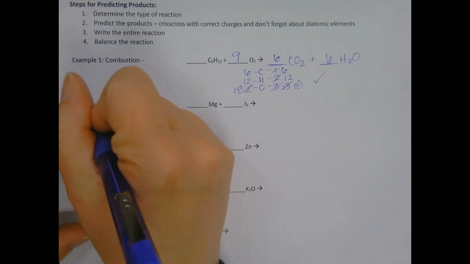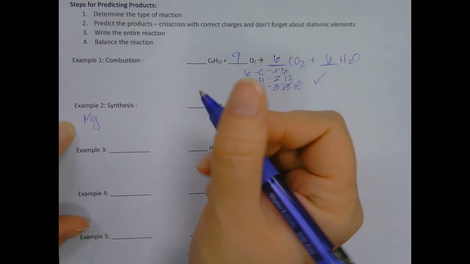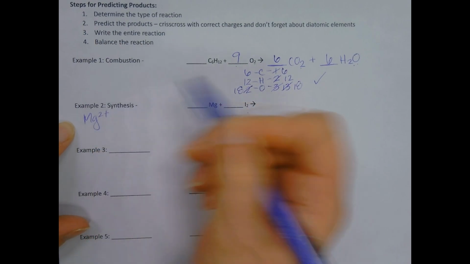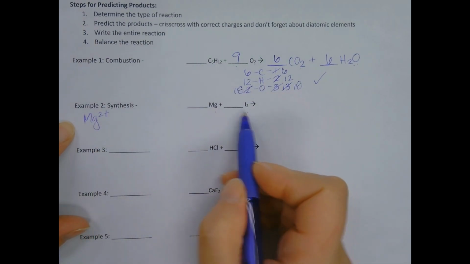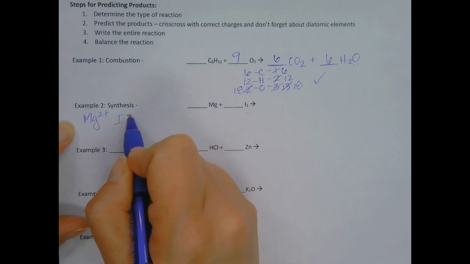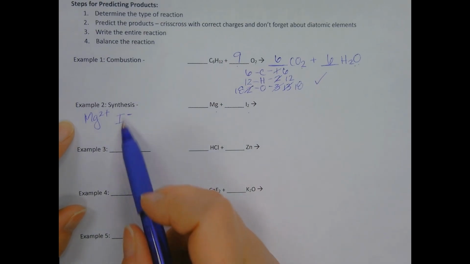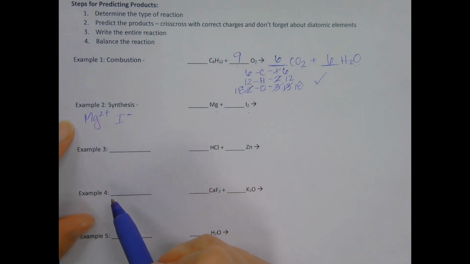So magnesium, Mg. Magnesium's in group 2A, so it will always form a 2 plus charge. And iodine is in group 7A, so it will always form a 1 minus charge because it just needs that 1 more electron. So if I crisscross these, I'm going to be able to get the correct formula.